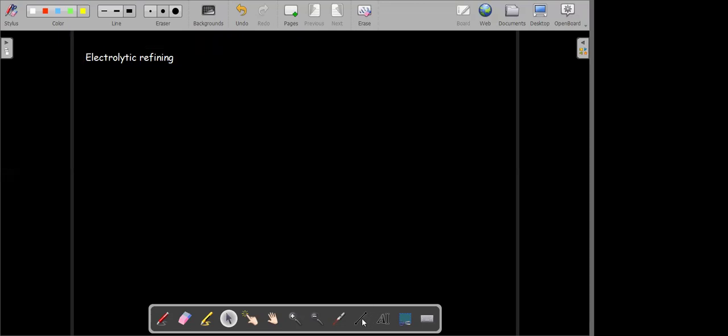For the electrolytic refining of copper, we take a vessel in which we keep a salt of copper. So to start with, we take a glass vessel, and in this glass vessel, we consider two electrodes. One made with pure copper, the other one made with impure copper.